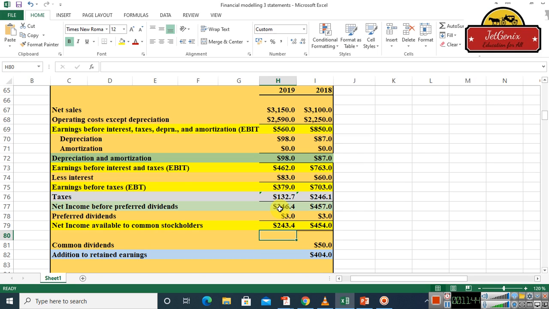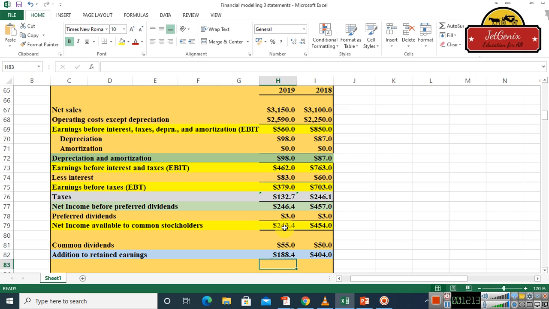Now let's assume that this year we are going to pay 55 million in common dividends, and the addition to retained earning will be the net income available to common stockholder minus the common dividend, okay, and so 188.4 is the addition to retained earning of this company. I think we got it.